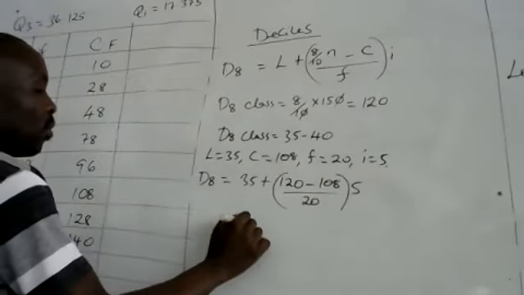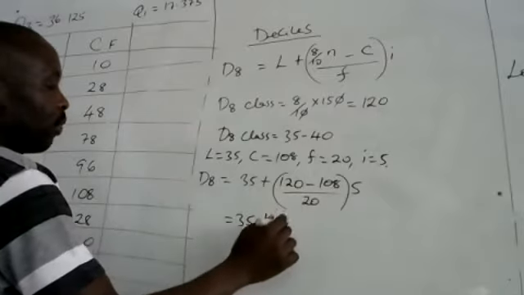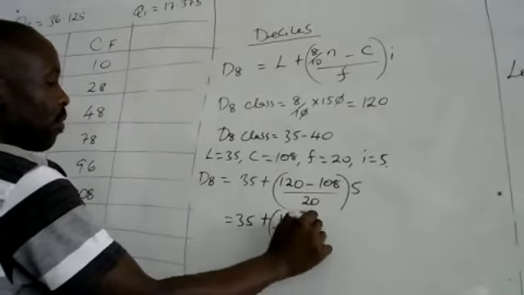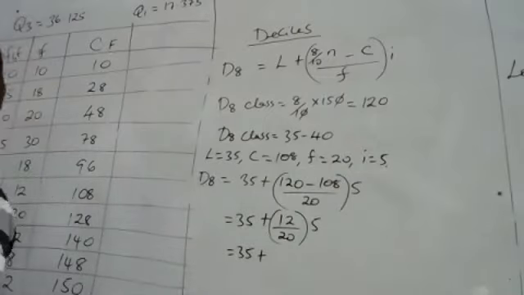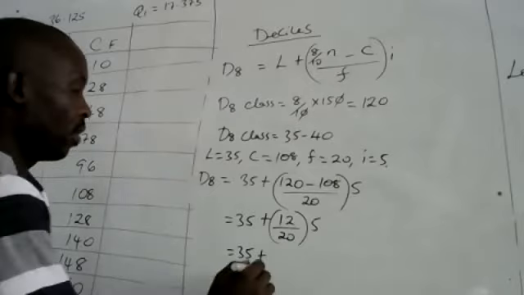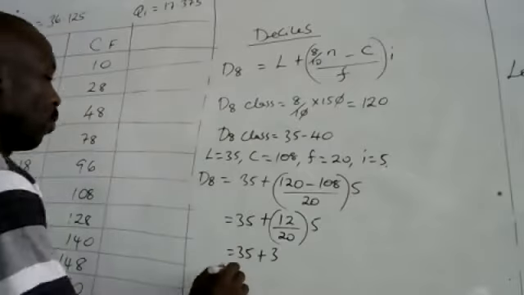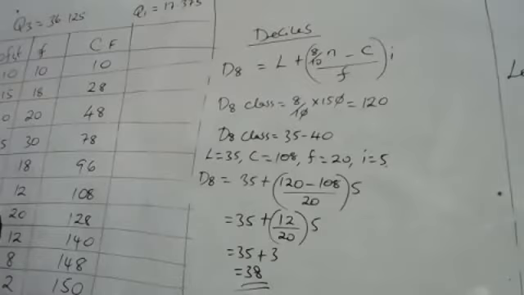This one is going to be equal to 35 plus 12 over 20 times 5, which will be equal to 35 plus 3, which then is going to be equal to 38. That is there, and actually that is how we get the decimals. That is how we calculate the decimals.